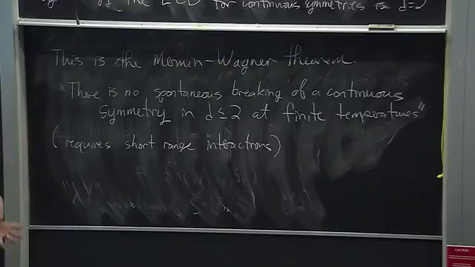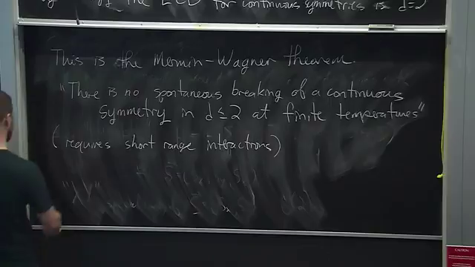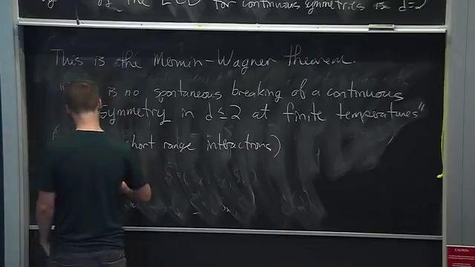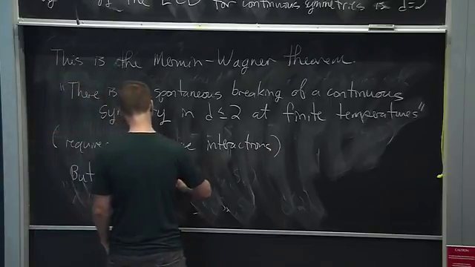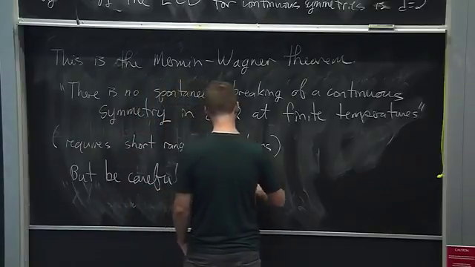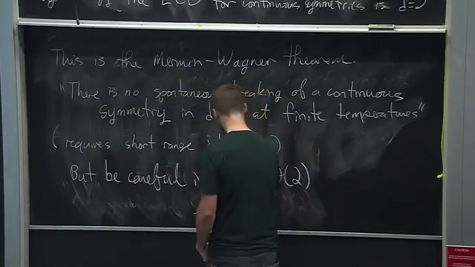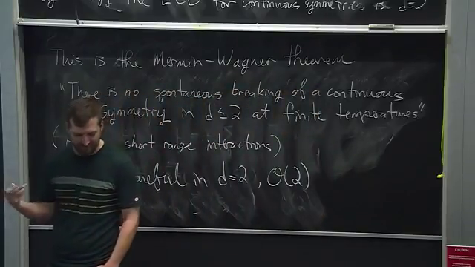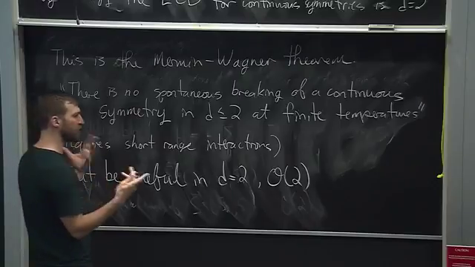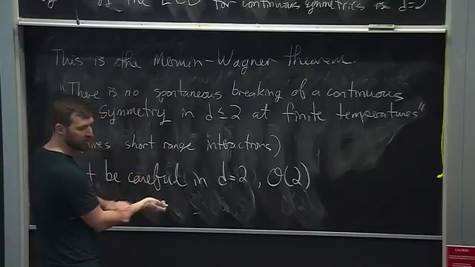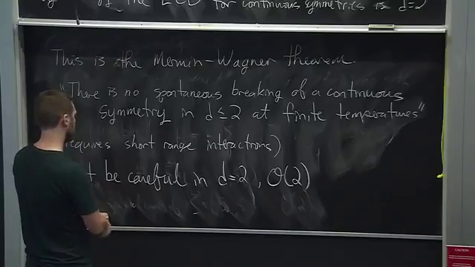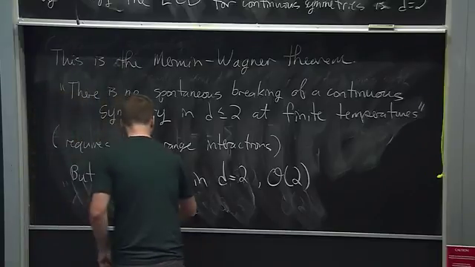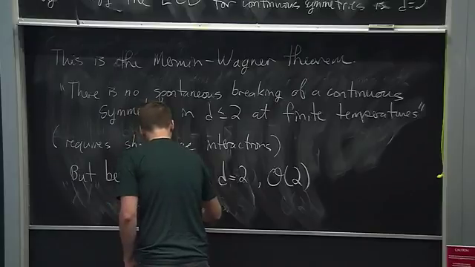The only exception is that in D strictly equal to 2, you have to be careful because there is a phase transition, in D equals 2 with O(2). There's a phase transition, but it's not a transition in some long wavelength theory like we're developing here. You need some sort of topological considerations, and that's the Kosterlitz-Thouless transition.